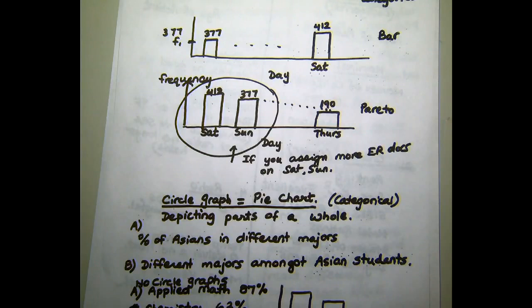The height of the bar is the frequency or the percentage. If you take your bar graph and rearrange the bars such that they are in descending order, it's called a Pareto chart.